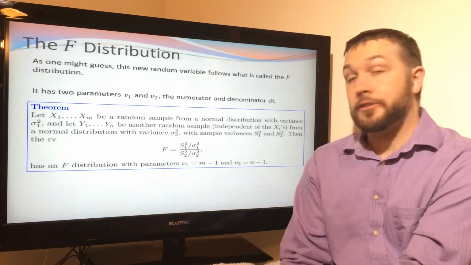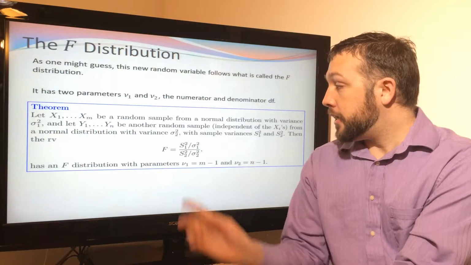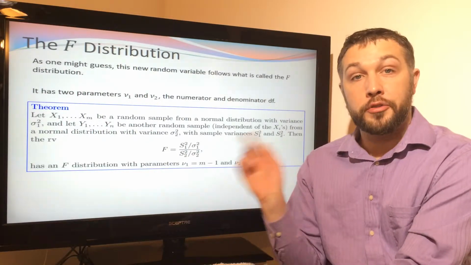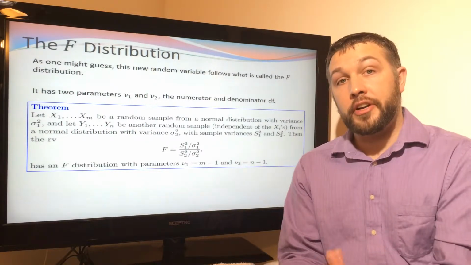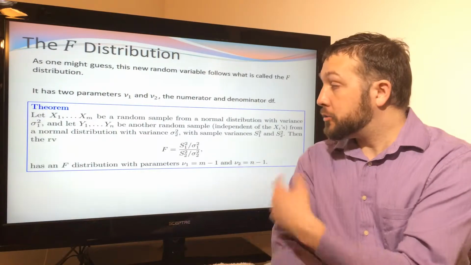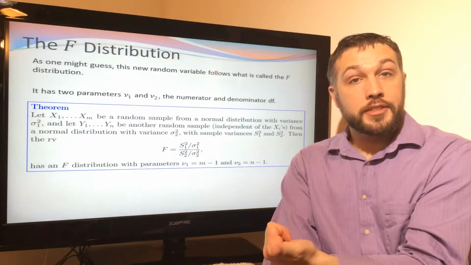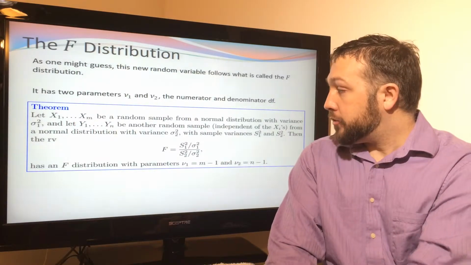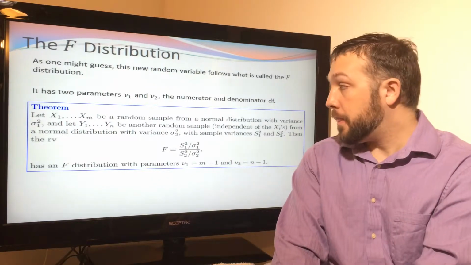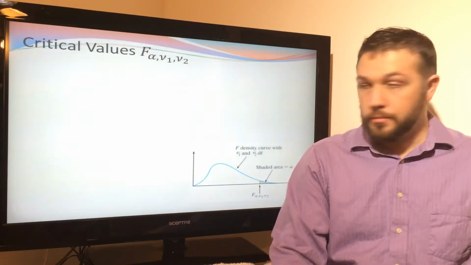You can rewrite that in terms of the variances, and it's the ratio of the sample variance over the true variance. Remember, the true variance is something we don't know, but because we can compute sample variances, we can now form both a confidence interval or a hypothesis test for this particular F quantity. So let's see what that looks like.